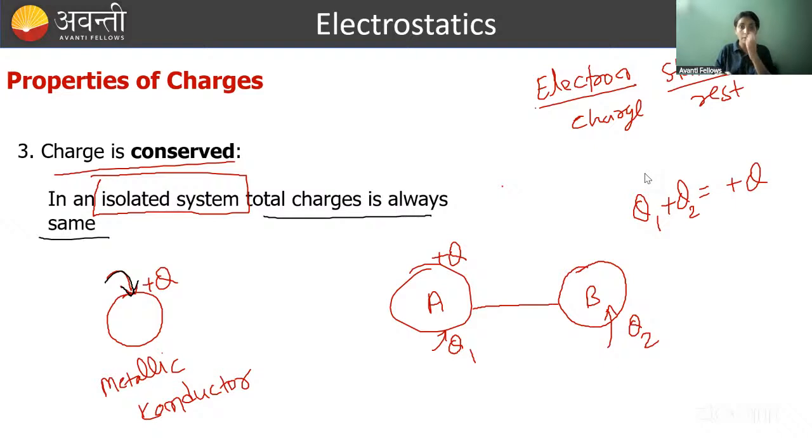Plus Q. Now A has charge Q1 and B has charge Q2, which means only plus Q got divided, some on A and some on B. Some remained on A and the rest got transferred to B such that Q1 plus Q2 is plus Q. So this is called conservation of charge, okay?